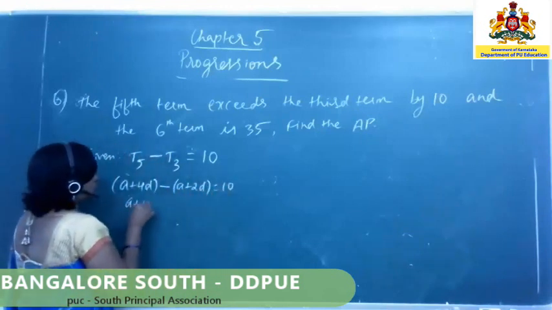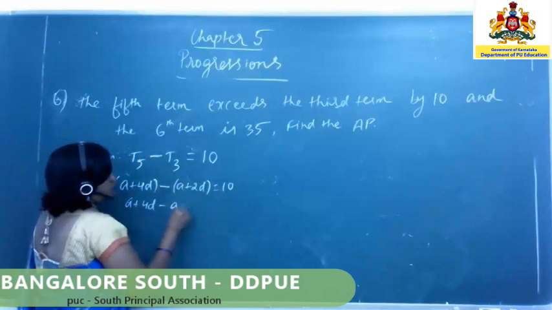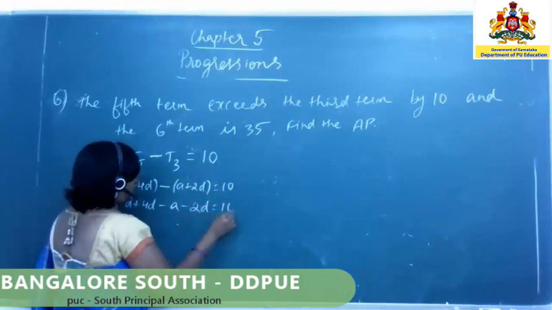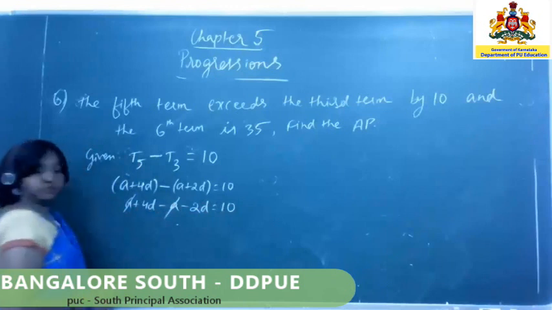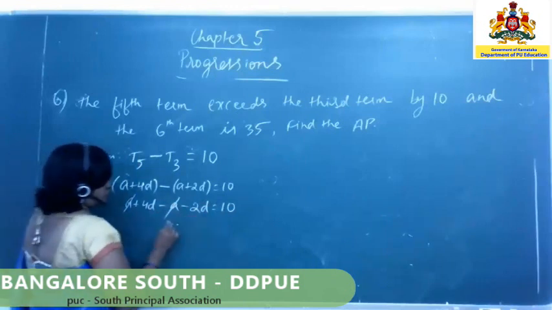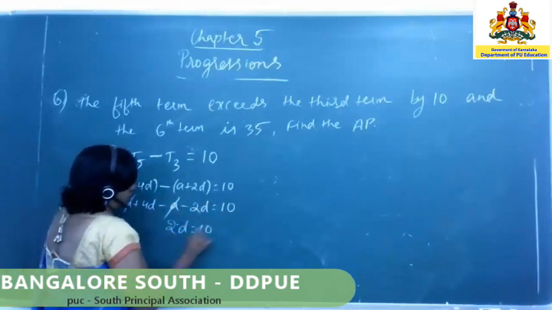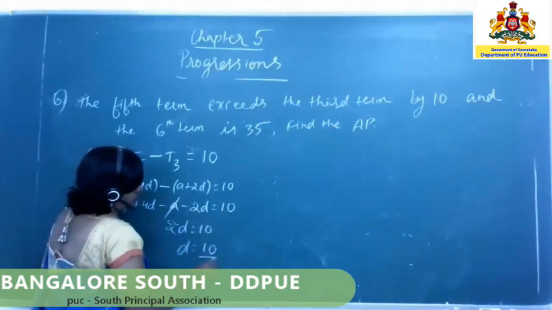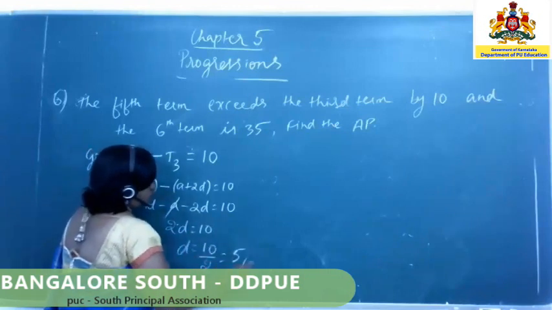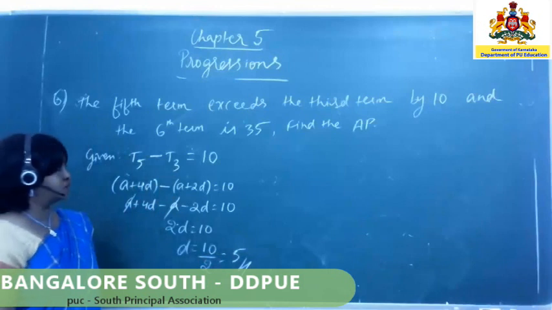So A plus 4D minus A minus 2D is equal to 10. A will get cancelled. So 4D minus 2D, 2D is equal to 10. D is equal to 10 by 2, that is equal to 5. D is equal to 5.